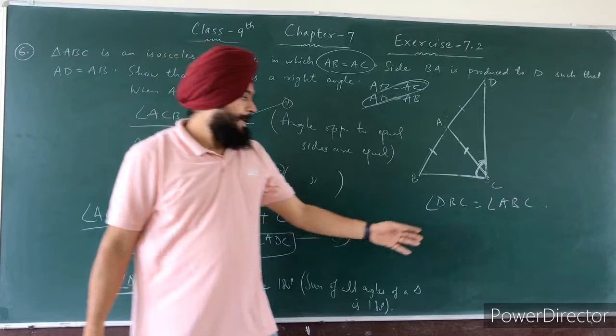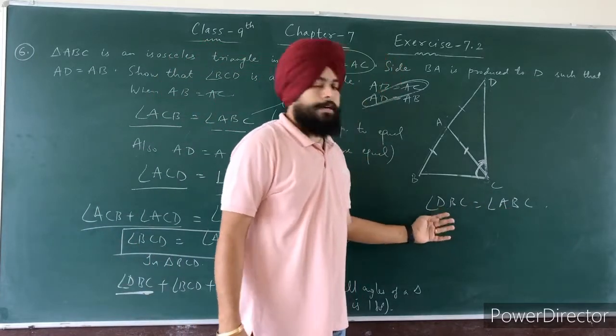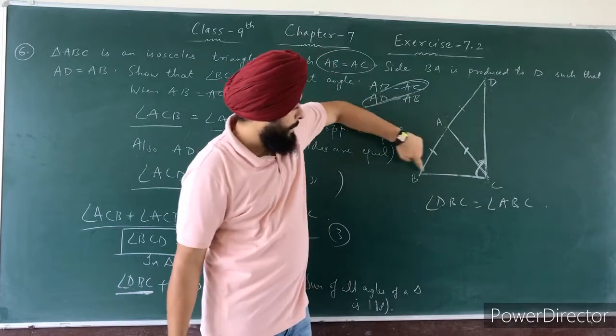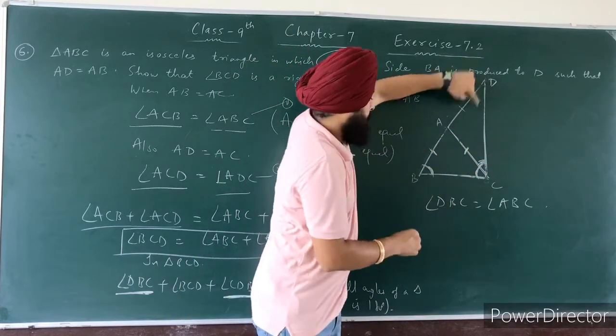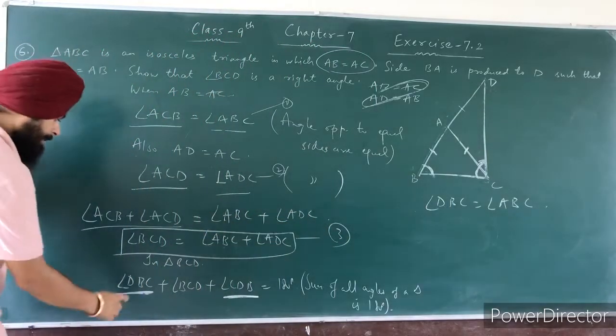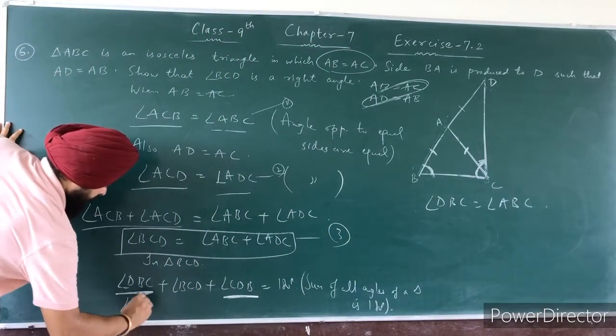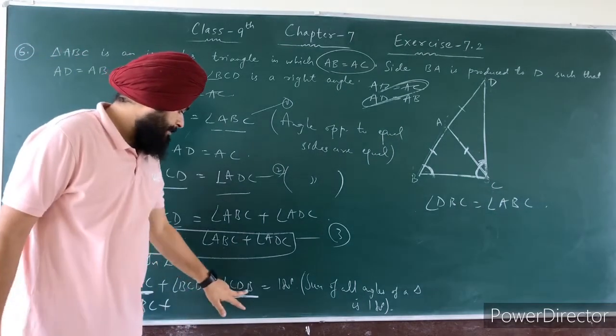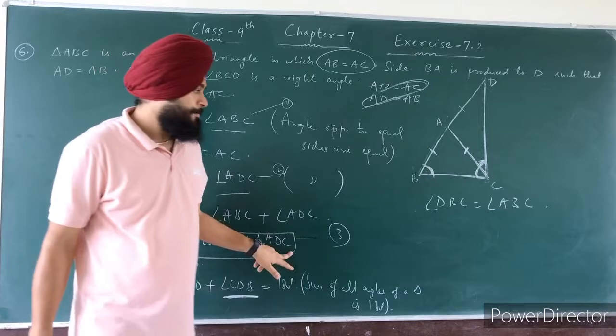You can write angle ABC and angle DBC because both of these angles are the same. So angle DBC is written as angle ABC. Now angle CDB is written as angle ADC.